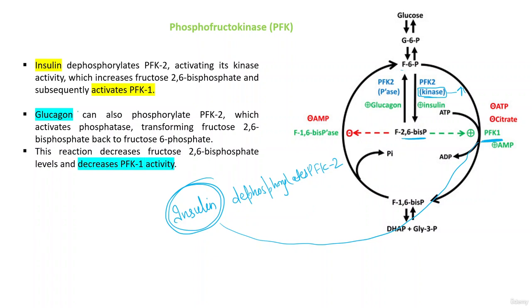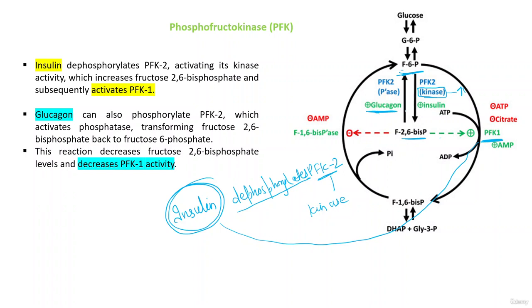Now glucagon. What happens if we increase the concentration of glucagon? Insulin was dephosphorylating PFK-2, activating the kinase activity, which transformed fructose 6 phosphate to fructose 2,6 bisphosphate.